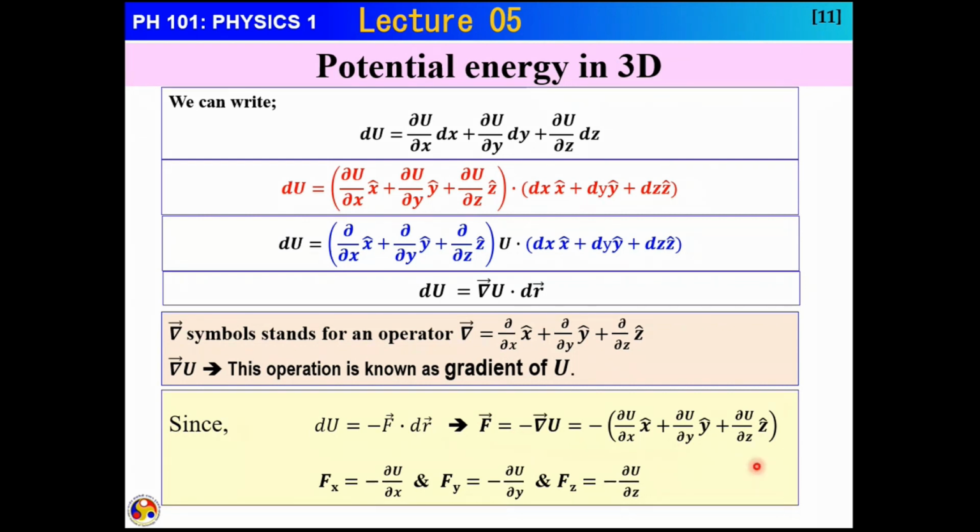So we can write gradient u is equal to del u by del x, x cap, plus del u by del y, y cap, plus del u by del z, z cap. Fx is equal to minus del u by del x, Fy is equal to minus del u by del y, and Fz is equal to minus del u by del z.